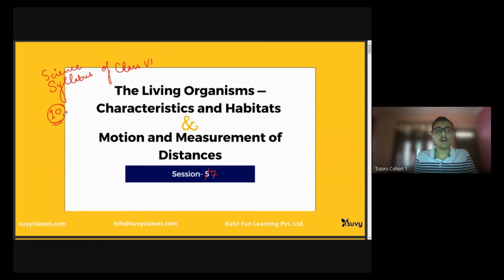Today we have chapters 11 and 12, as I always say, strictly following the NCERT pattern. According to that textbook, the first unit today is living organisms, characteristics and habitats, and next is motion and measurements of distances.